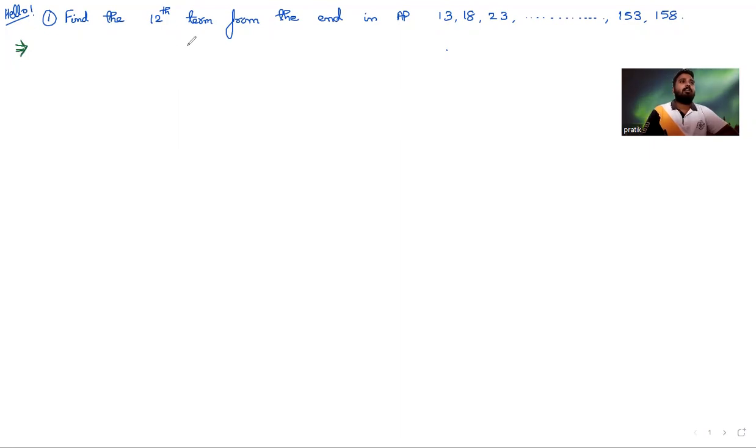Is that just turn the AP upside down. Okay. So the AP now will be 158, 153 goes on all the way with 23, 18, and 13. So if this is my AP, my first term of the AP is equal to 158.